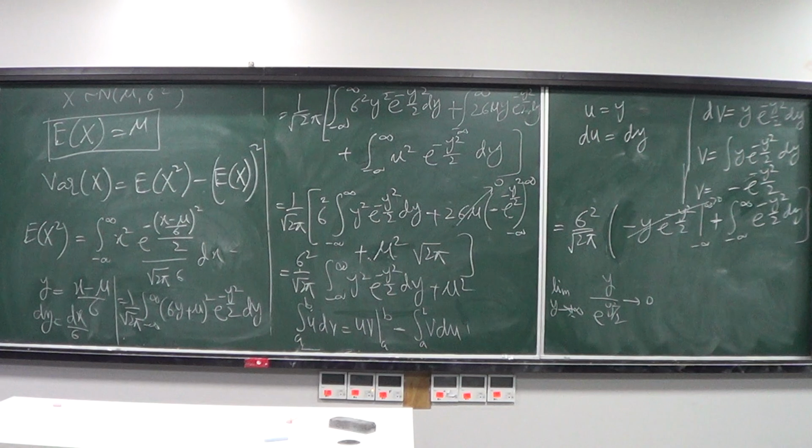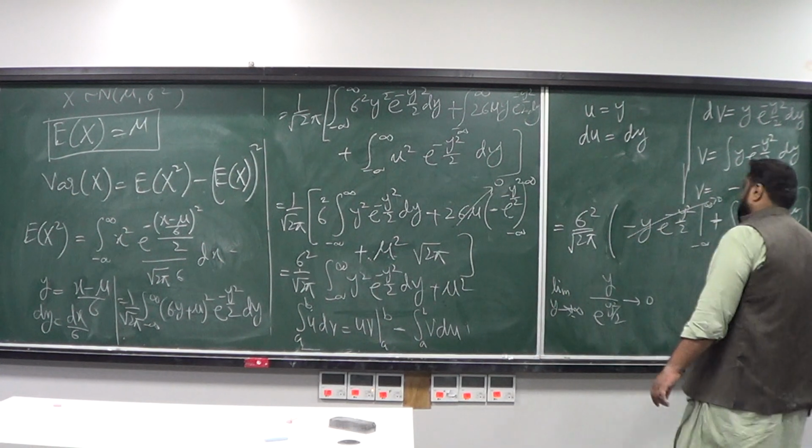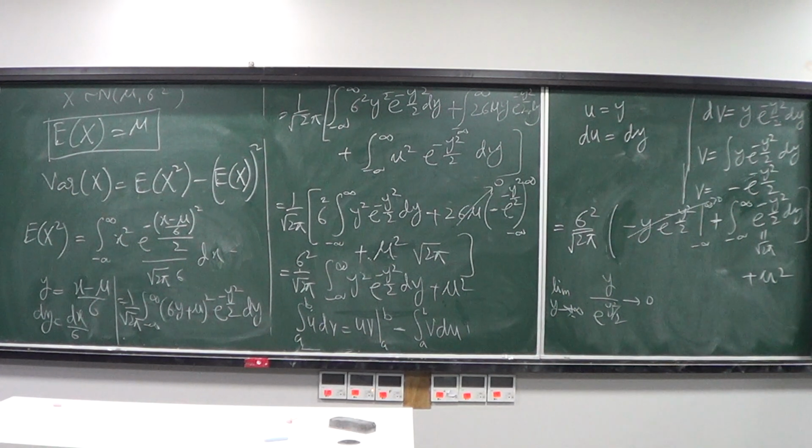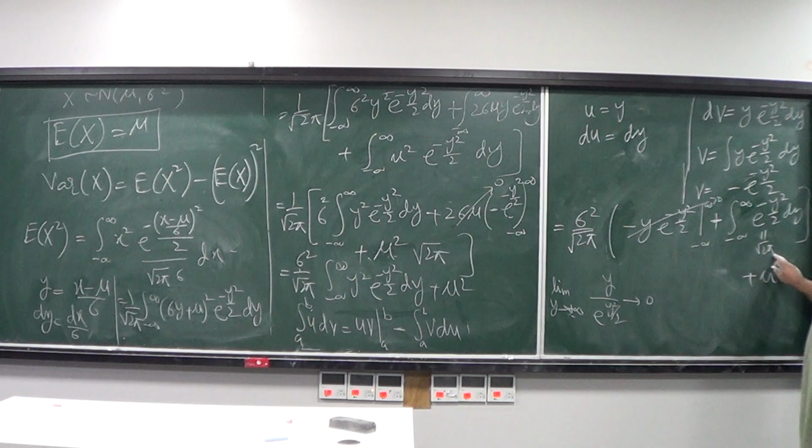So now what remains is really this term. But we know that this is equal to square root of 2 pi. So if you simplify, don't forget about this plus mu square as well, because this term is there. So you have sigma square by square root of 2 pi multiplied by square root of 2 pi.